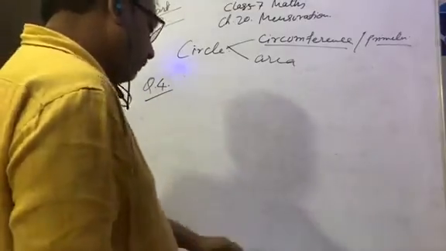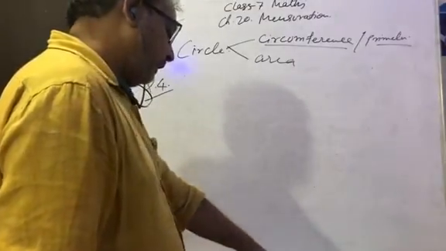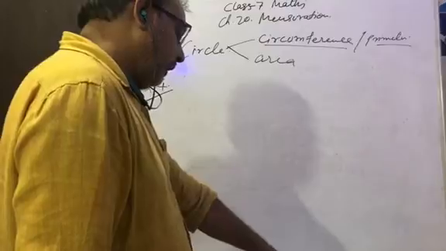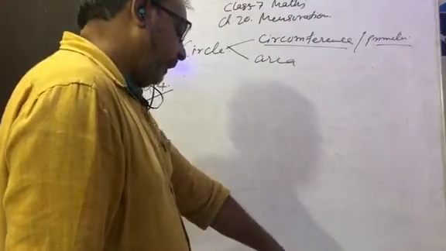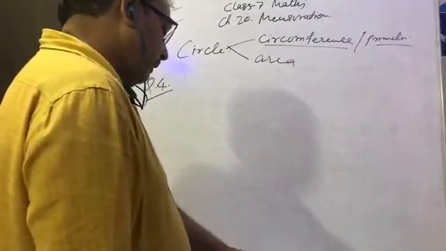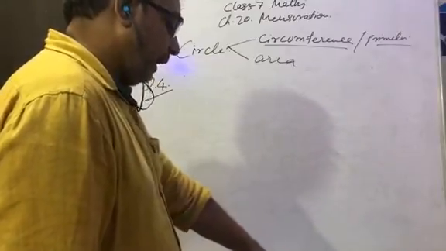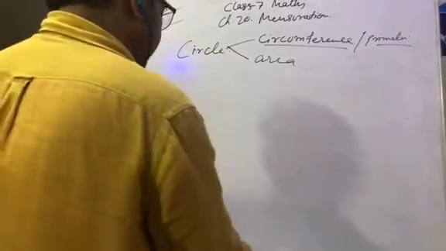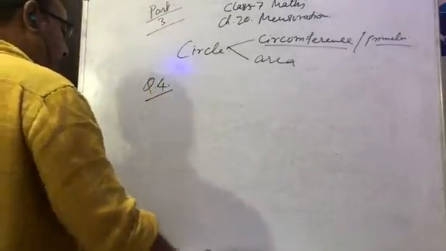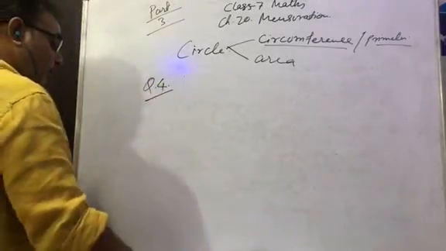See, the circumference of a circle exceeds its diameter by 18 centimeter. Find the radius of the circle. The circumference of a circle exceeds its diameter by 18 centimeter.